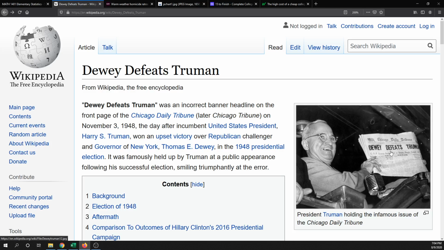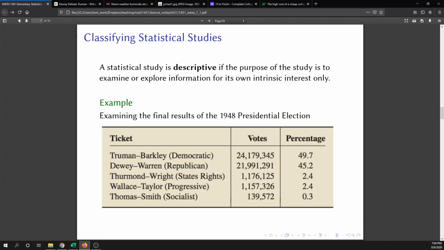they had the way newspapers worked. I don't know if they still work that way, but back in 1948, they had to print those on machines, so there was basically a deadline, and the election wasn't over before that deadline, so what they did was go to a guy who had predicted the presidential elections pretty accurately before.